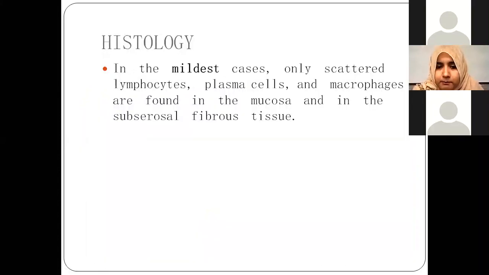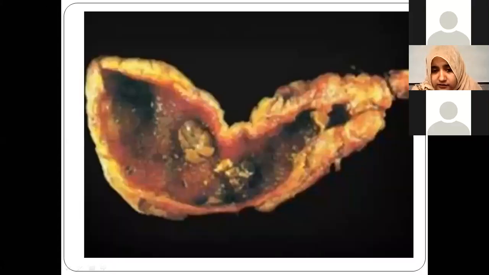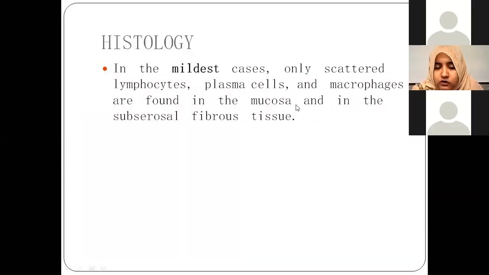Histology. In the mildest cases, like we are talking about chronic cholecystitis, this has been resected by surgery. Now you will send this specimen for histology. In the mildest cases, only scattered lymphocytes, plasma cells and macrophages are found in the mucosa and in the subserosal fibrotic tissue. What does it show?